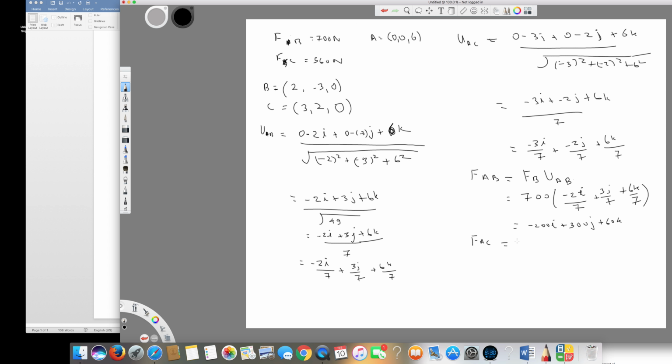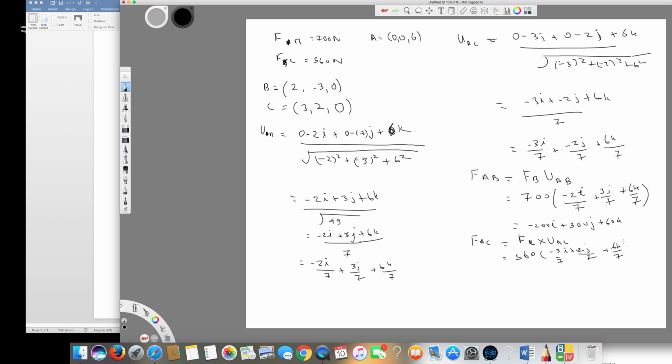To find the FAC, same thing. FAC is not 700, it's 560, because FC is 560. So I have to do FC times UAC. So this is going to be 560 times whatever value we found here: minus 3i over 7 plus minus 2j over 7 plus 6k over 7.